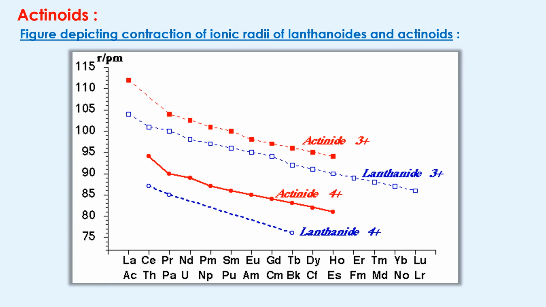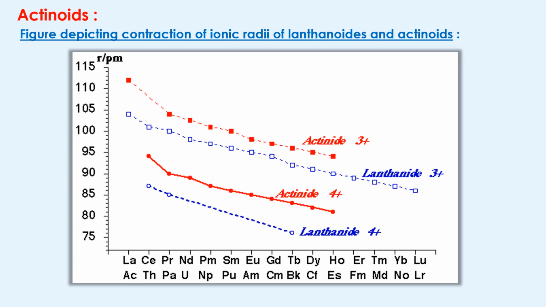When you recollect what actinoid contraction is, it is nothing but a decrease in atomic and ionic radii as we move from actinium to lawrencium. All this can be explained by the poor shielding offered by the f orbital electrons.